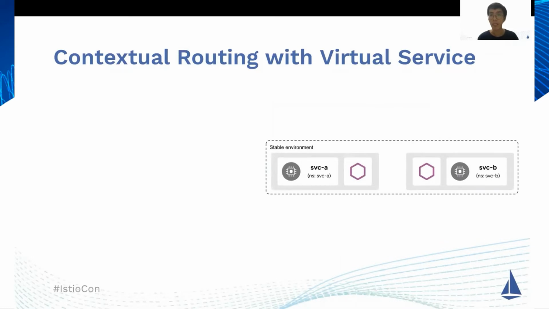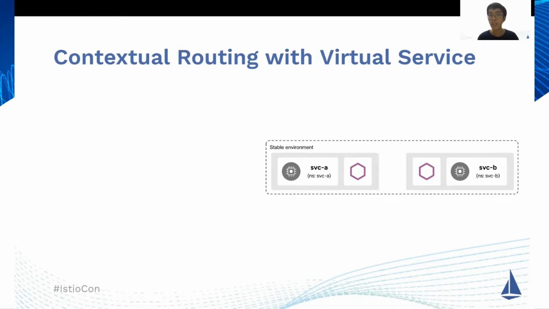In the Carousell use case, we deploy each of our services in their own respective namespace. For example, here we have two services, service A and service B. We deploy service A in the service A namespace and service B in the service B namespace.